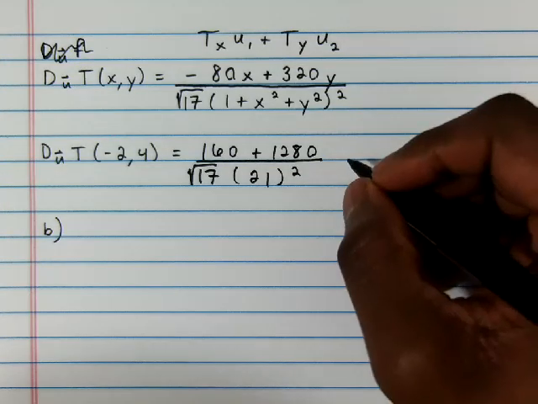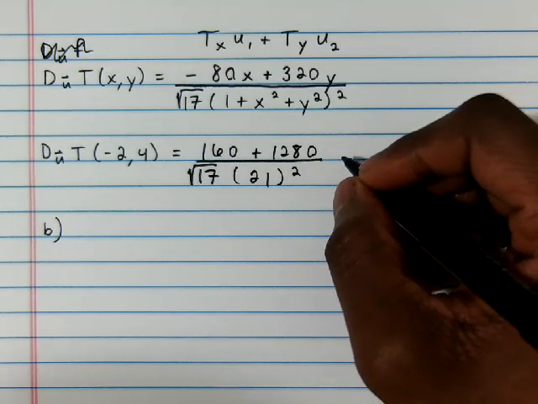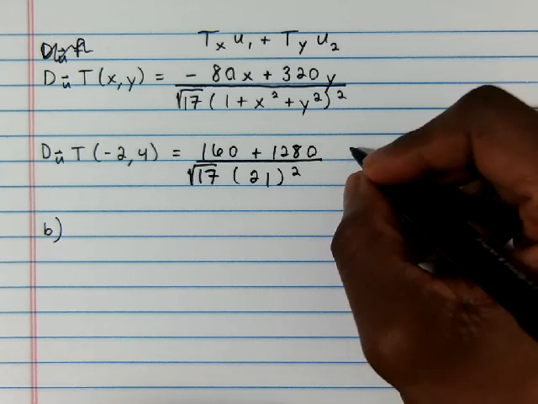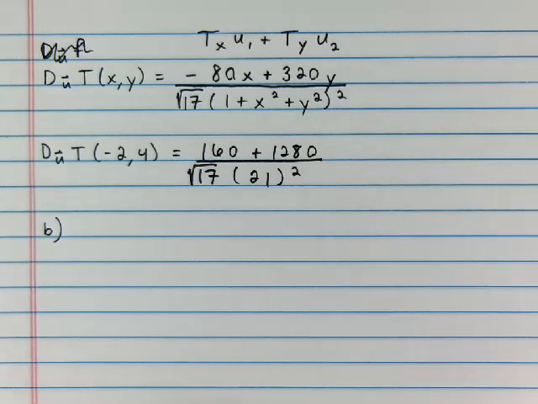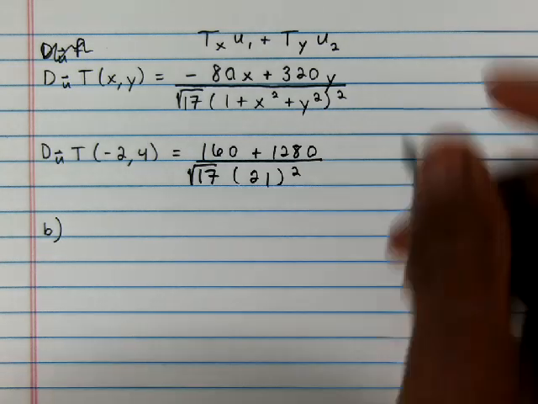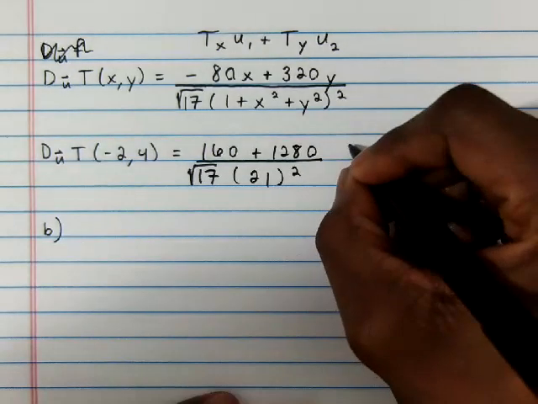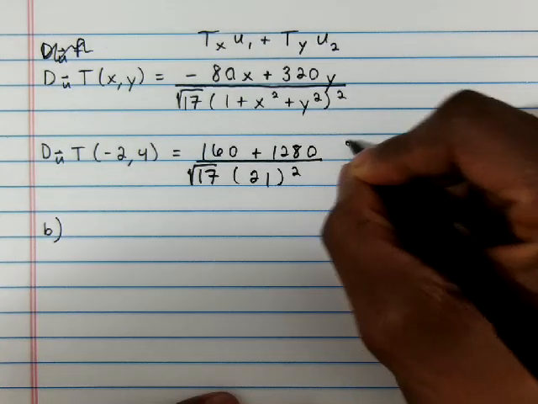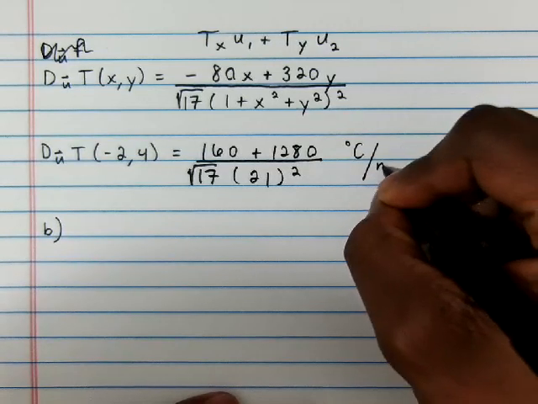So this is in degrees Celsius per, let me look at the units on what we have here. Degrees Celsius per meter. So degrees Celsius per meter.